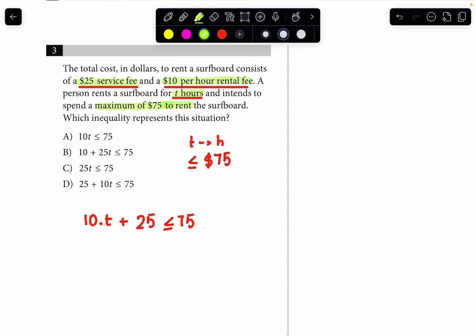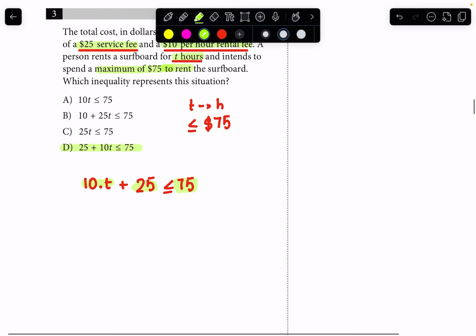Skimming back again, the 10 times t is the $10 fee for the number of hours you rent it for, and the 25, which is a flat fee you have to pay as a service fee, and all of this should be less than or equal to 75, which the person is willing to pay. So the most accurate answer for this one would be option D, which says 25 plus 10t less than or equal to 75.